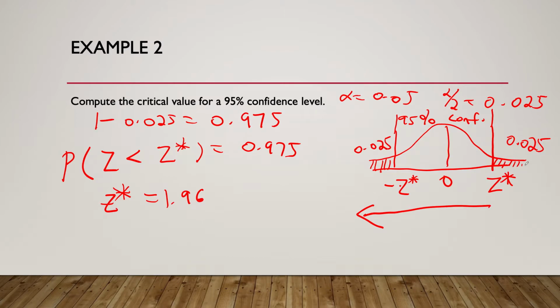Area in the rightmost tail would be 0.025, and so the area less than the positive z-score will be 1 minus alpha divided by 2. So 1 minus 0.025 makes 0.975. So the probability that the z-score is less than that value is equal to 0.975. And if you check SAS for that, you get a value of 1.96.